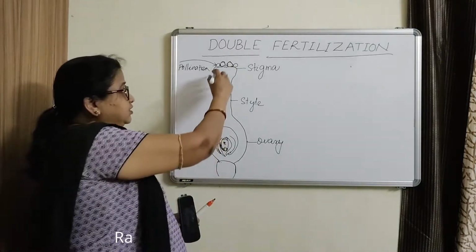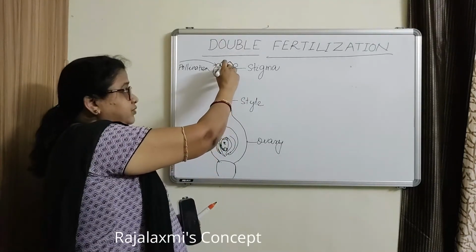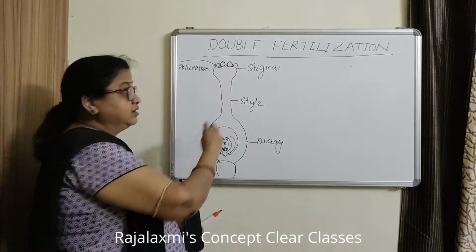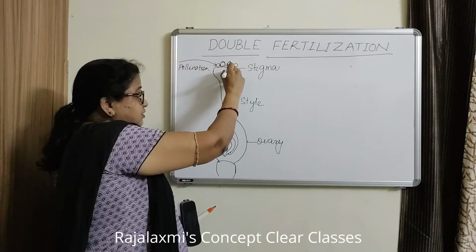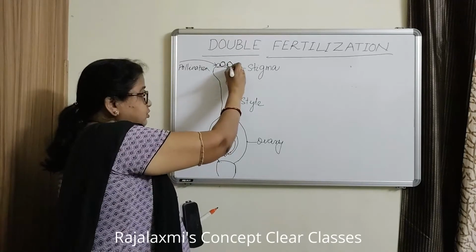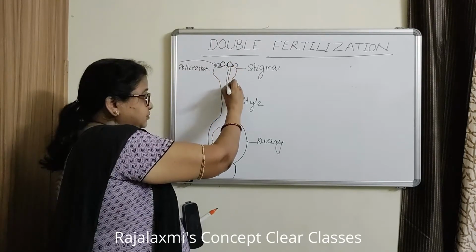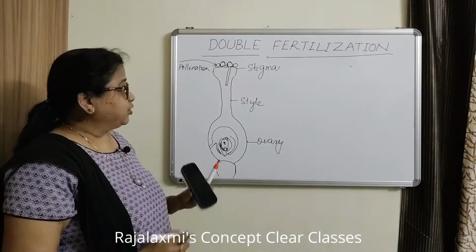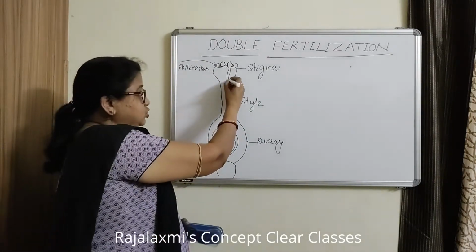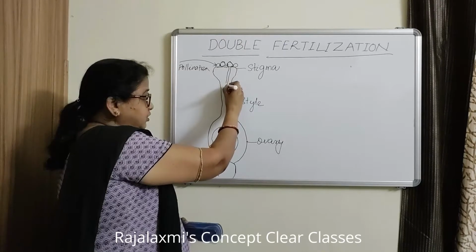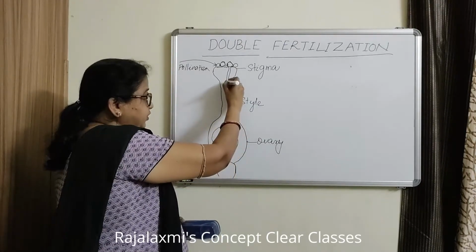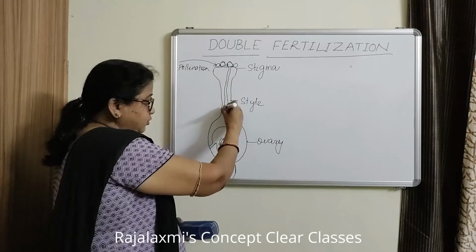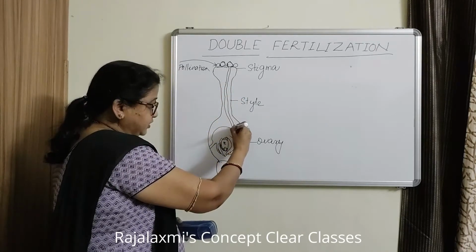After the right type of pollen grain falls, it grows as a pollen tube. This pollen tube grows through the style of the pistil and reaches the ovule.